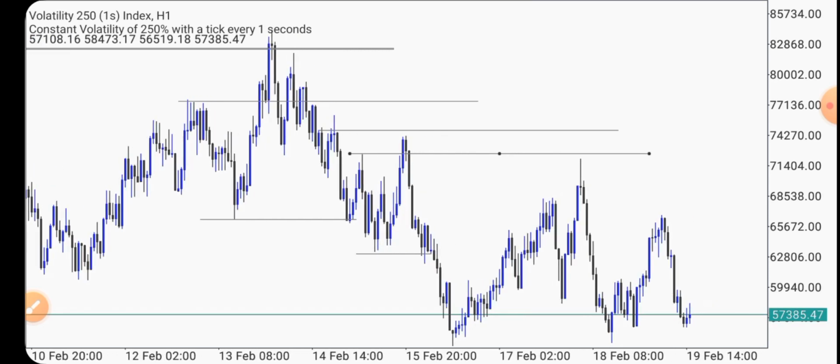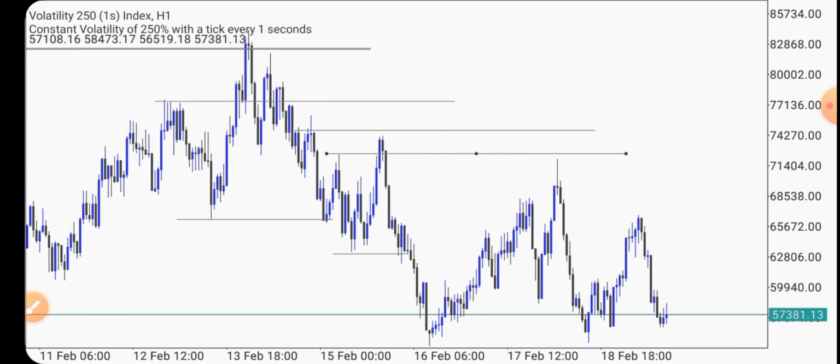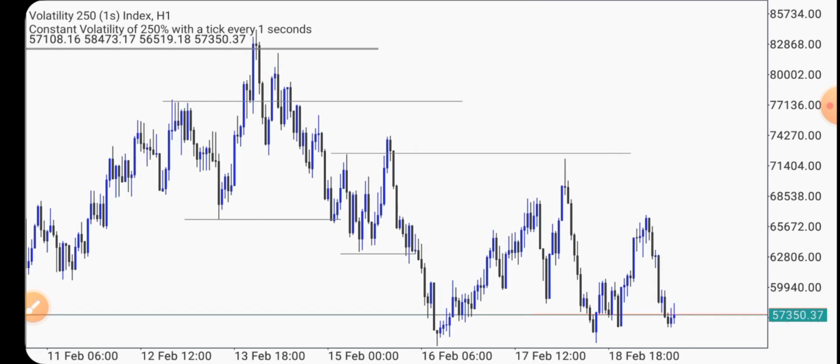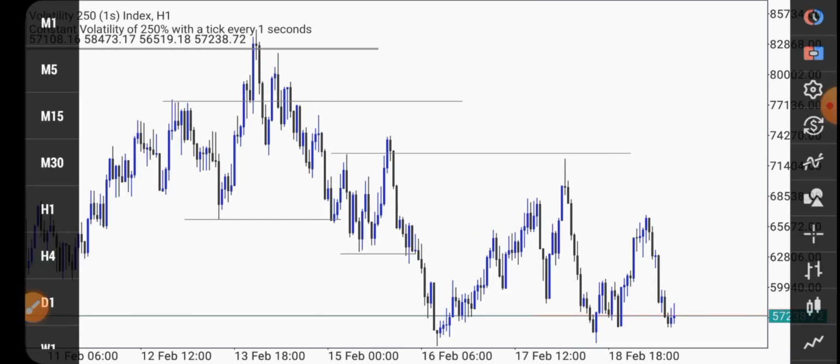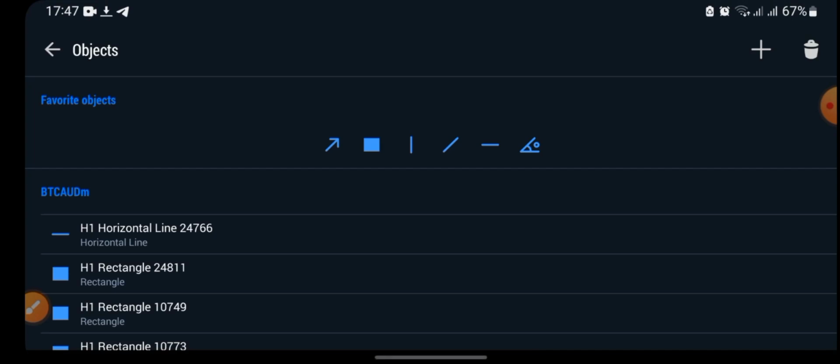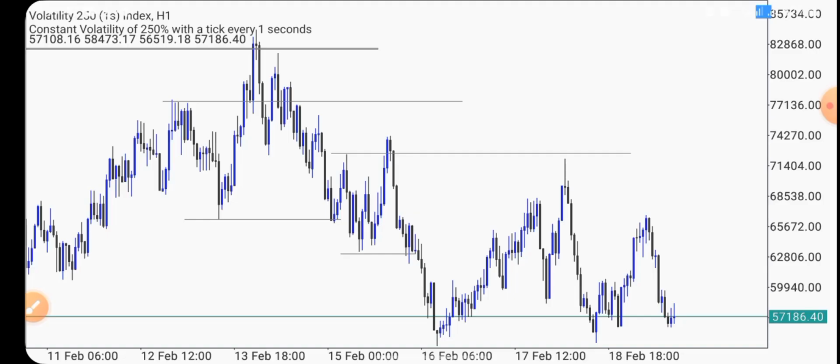Now we have this zone, a zone like this. We have liquidity inside. We have an order block. Now we can remove this one. We have order flow, and we also have liquidity on the inside.